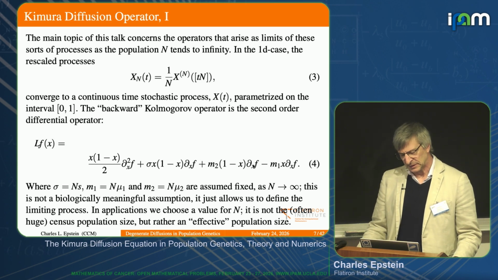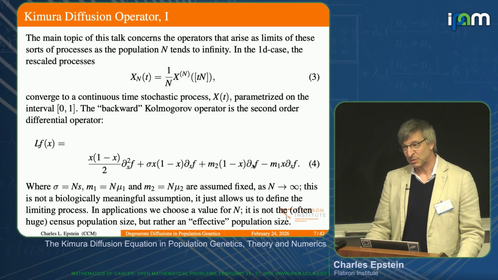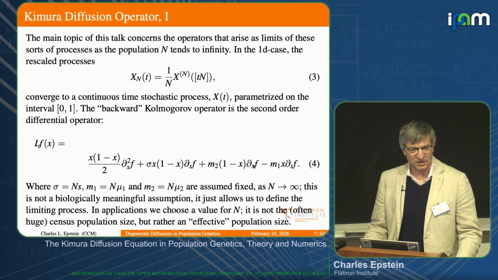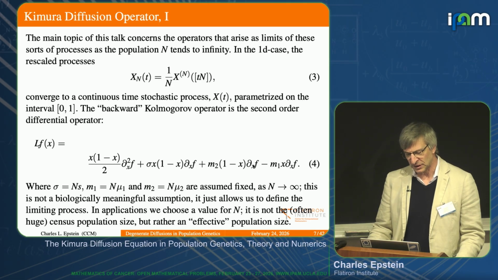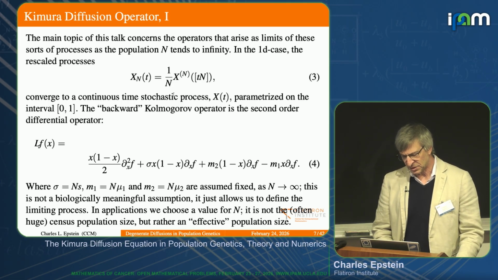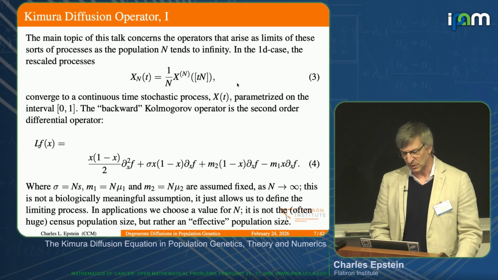Okay, so as is not uncommon in this field, people would like to replace a discrete model with a continuous model, so they obtain what's called a diffusion limit. What you do is you rescale the population so that the population is now a frequency, taking values between 0 and 1, and then you change the time so that time is now in multiples of the population size, Tn.